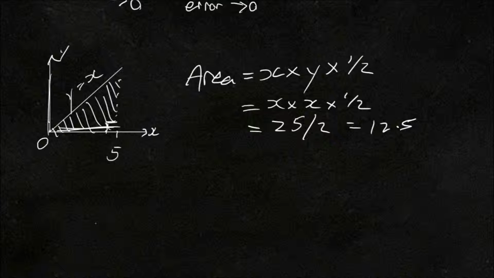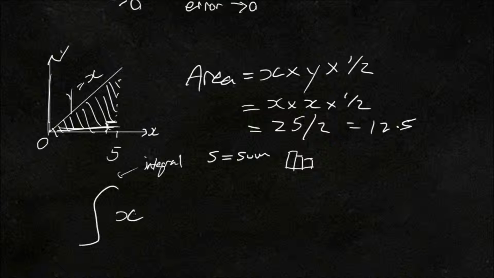But we can solve this using integration. To integrate, we would write the integral, where this symbol is known as the integral, and it looks a bit like an S, which is sort of short for sum, because we're summing up all those rectangles. We're integrating our shape, which is y equals x, which is x there, and we're integrating this with respect to just the x-axis, so that's the only axis we're interested in.